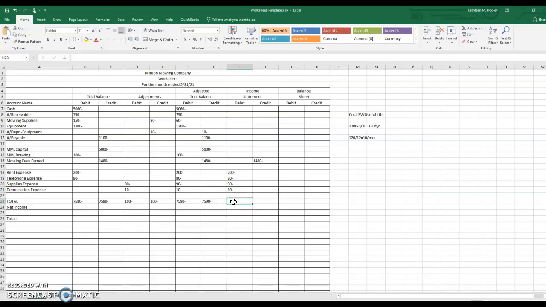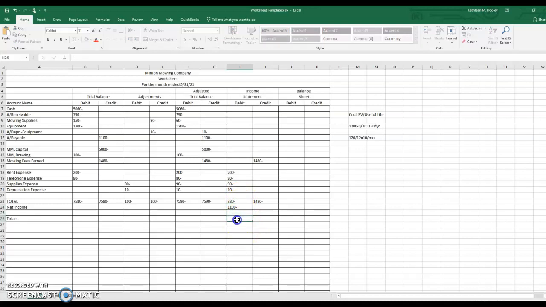Okay, so now I'm going to total this up. 380. And this is 1480 for the credit side. Now I'm going to take the total revenues minus the total expenses, big number minus the small number, and that's our net income. And so we have 1100 is our net income.